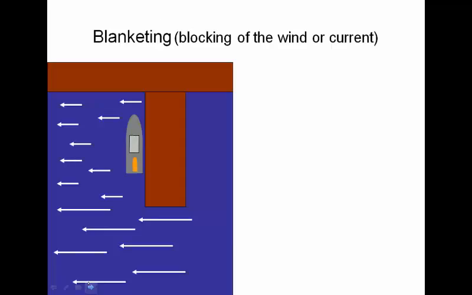There's another thing called blanketing, and blanketing can either block the wind or the current. In this case, we're going to say we're blocking current, and we're going to say that this entire face of the pier goes all the way down so that we don't have any amount of current sneaking underneath this pier face and affecting our ship.